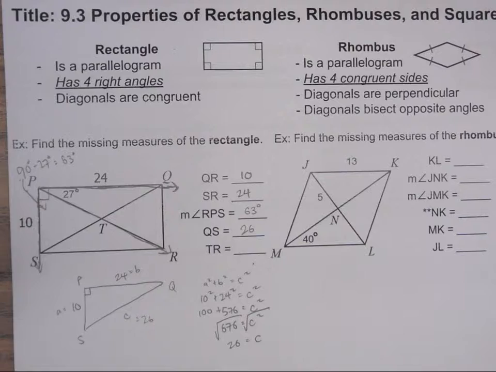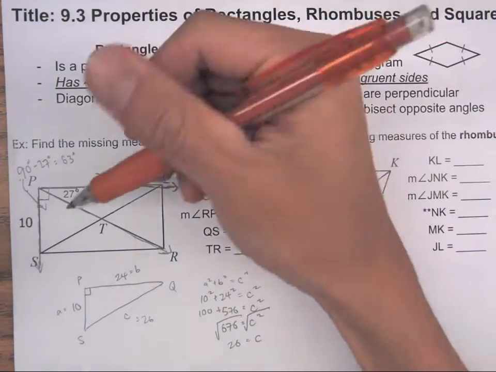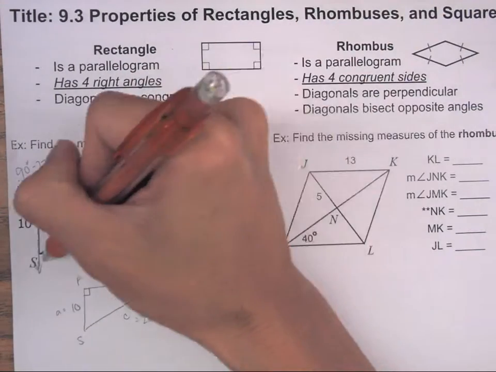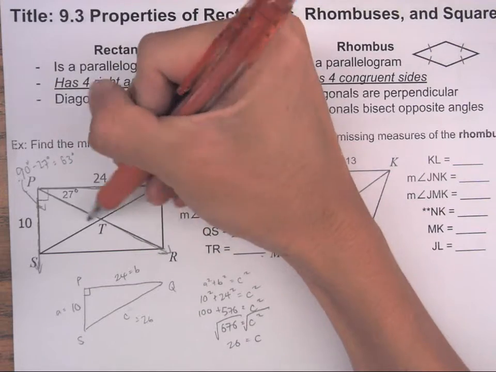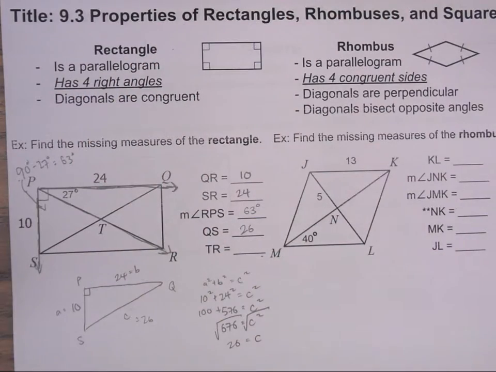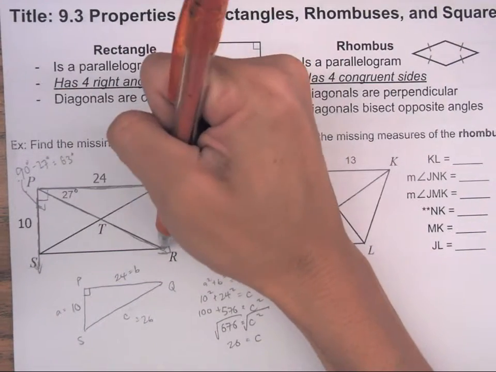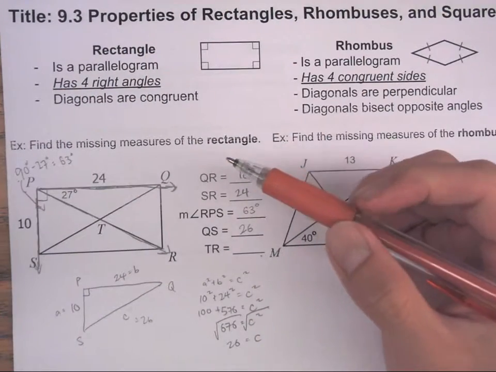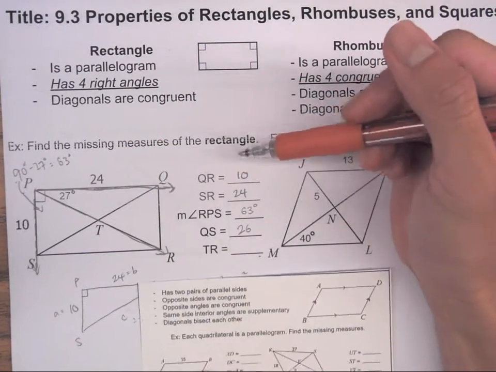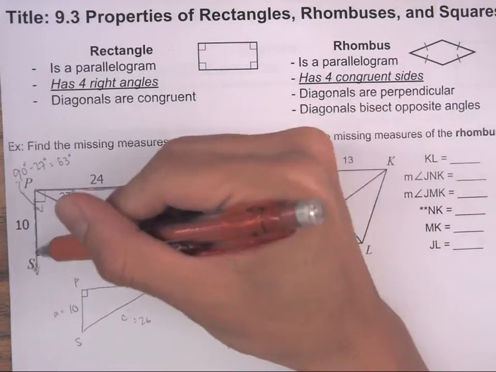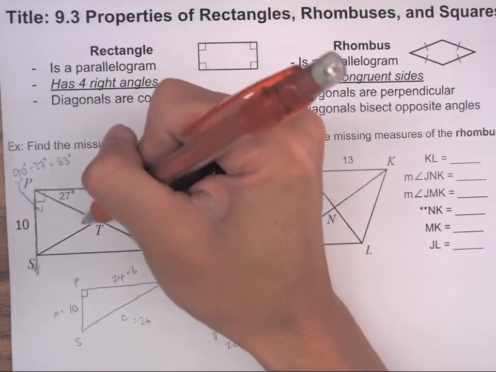Okay, the other part, this part TR. We know that QS is 26. That also implies that PR is 26, right? Because the diagonals are going to be congruent, so this has to be 26. We know that the diagonals bisect each other, so this being a parallelogram, basically this segment has to be the same as this one.